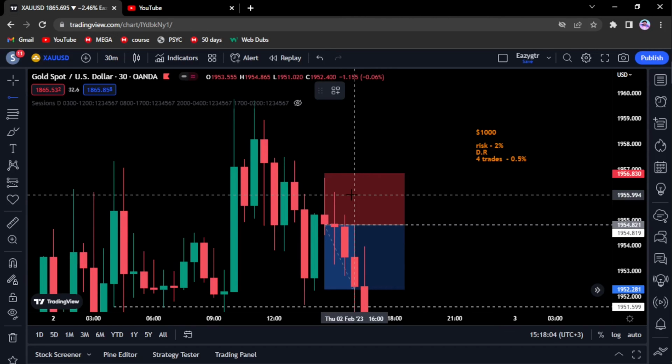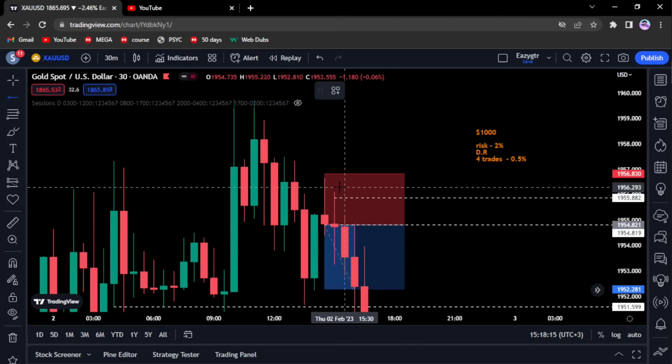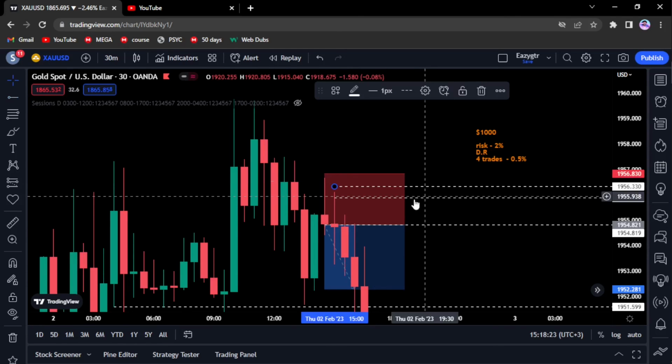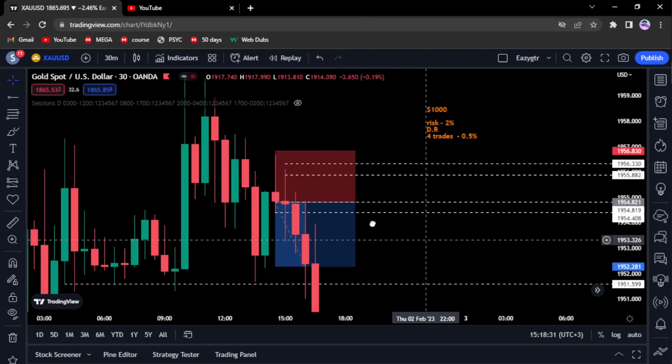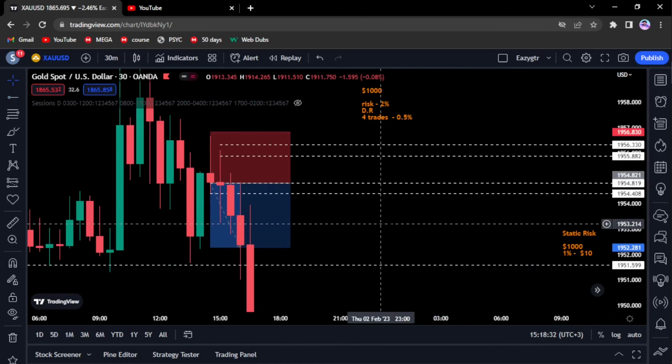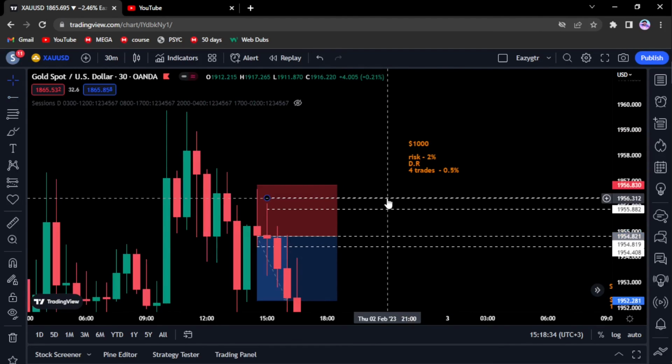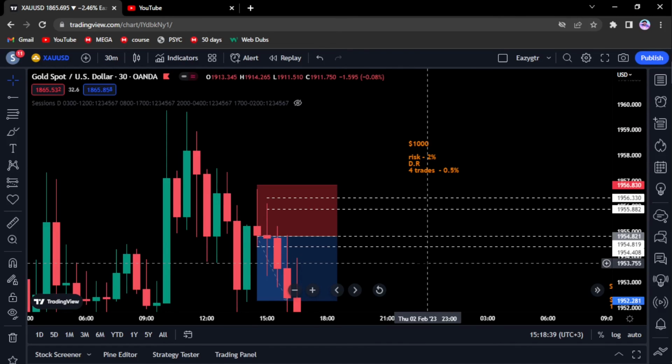Trade 3, maybe price moves so far up, but price starts moving down, you enter that third trade. And the fourth trade is always going to be at the break of the previous candle's low, right? So each of these lines represents a trade, 0.5 risk.